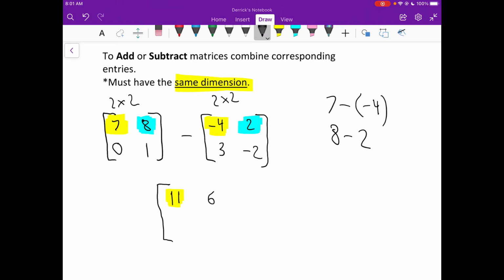And so that will be the second entry in my answer matrix. Hopefully you're seeing the pattern here. Next would be our third entry, which is 0 and 3 in each of these. So we'd be taking 0 minus 3, which would give us -3 for the third entry in our answer matrix.